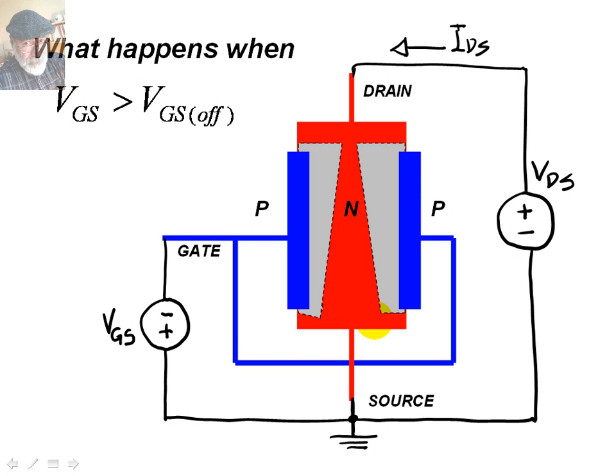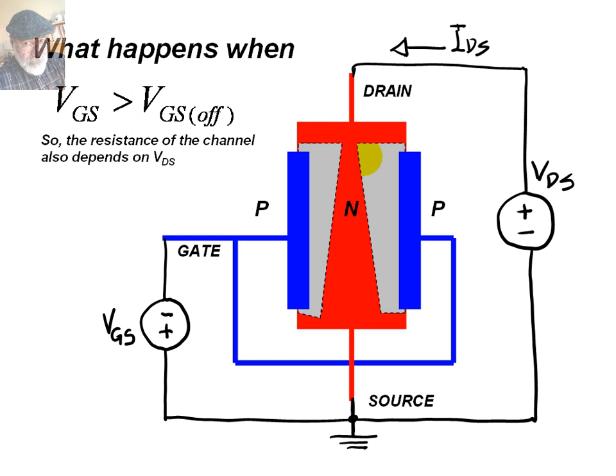What I'm telling you is that the resistance of the channel not only depends on VGS, it also depends on VDS. The more VDS, the more current, the more drastic this reduction of the channel's width will be.